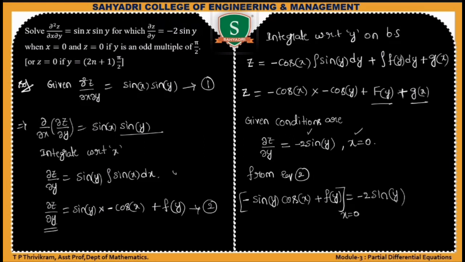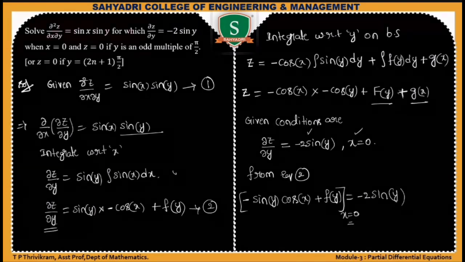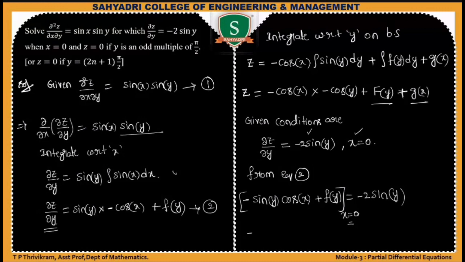We have ∂z/∂y value as minus 2 sin y. Now substitute x equal to 0 in this equation. Cos 0, how much? I'll get 1. So minus sin y plus f of y is equal to minus 2 sin y.